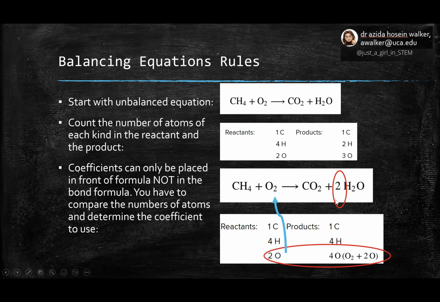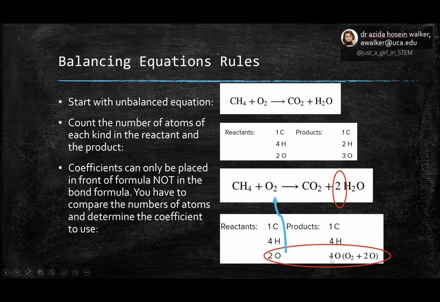We can add our coefficient in front of numbers in the reactant, or we can add them in front of numbers in the product, right? Whatever it is, we're not changing the subscript number. We're not changing the number in the formula.